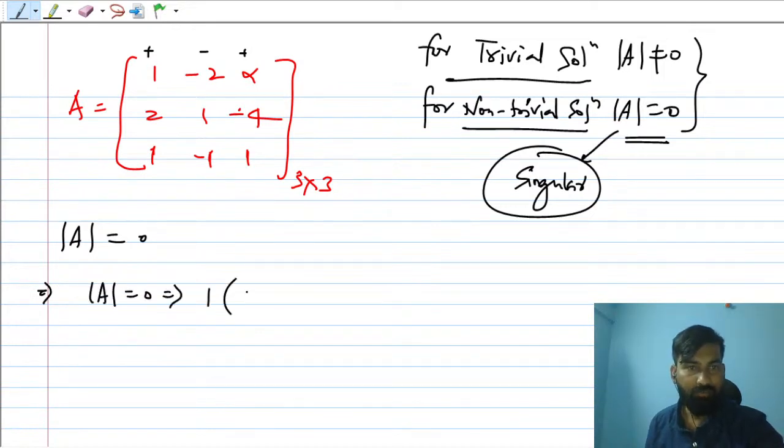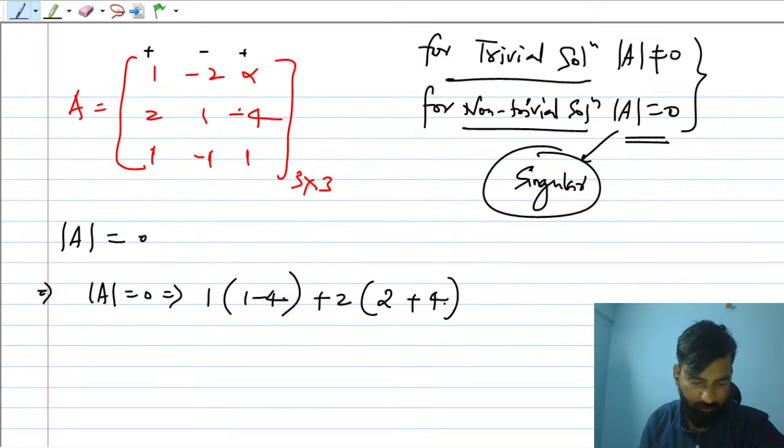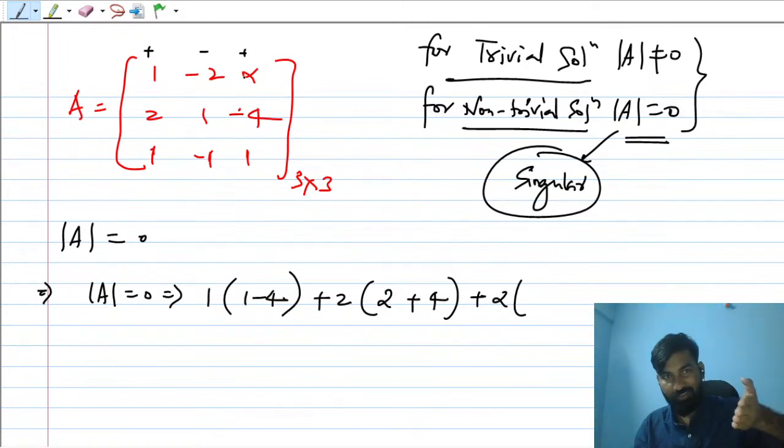So 1 times 1, and this is minus 4 only, and this will be plus 2 times of 2 plus 4. I believe this is fine. Yes, perfect. Next is plus alpha times, just remove this column and this row.